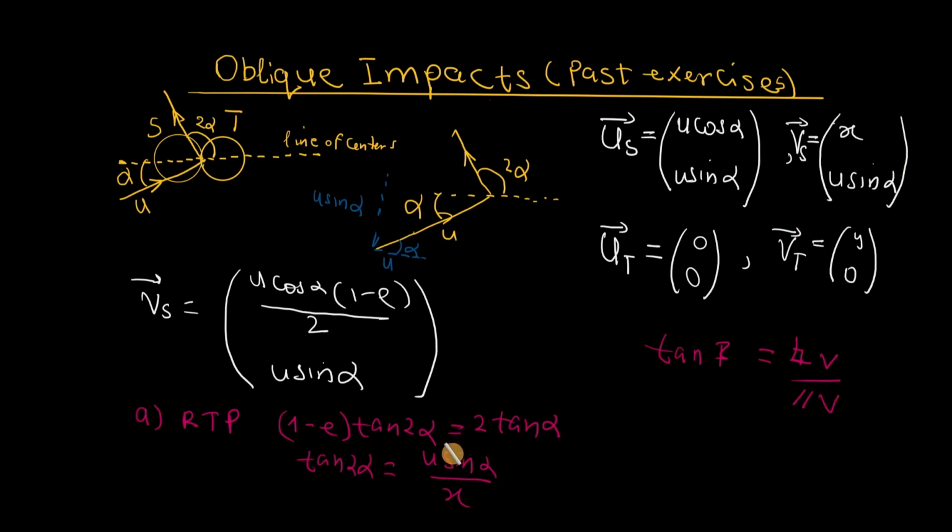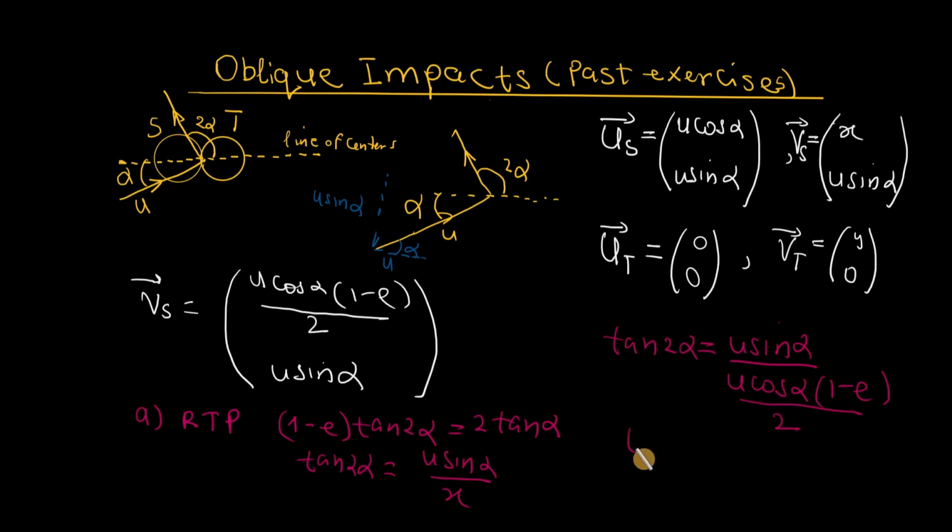This is a formula. That means tan 2 alpha is equal to u sine alpha all over x, which is u cos alpha into 1 minus e all over 2. If I invert the denominator, I am going to have tan 2 alpha is equal to 2u sine alpha all over u cos alpha into 1 minus e.